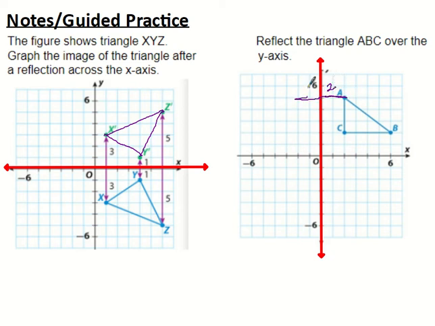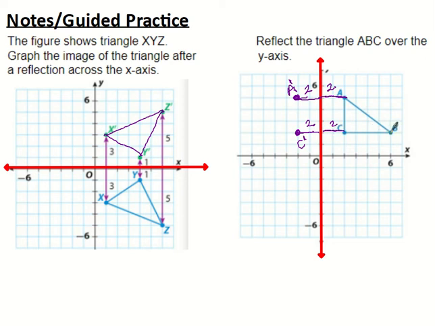A prime has to be 2 away on the other side. Same idea, C is 2 away, so C prime must be 2 away on the other side.